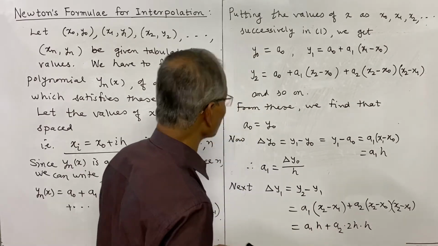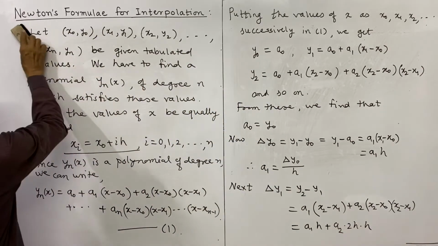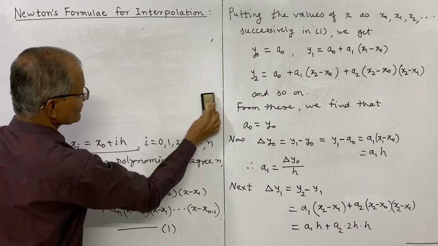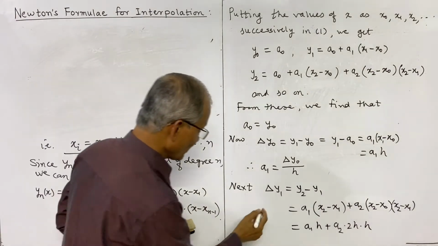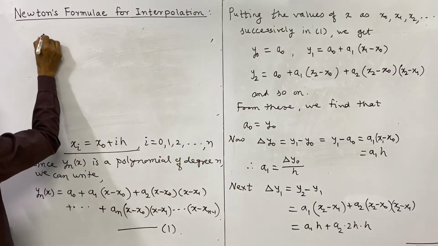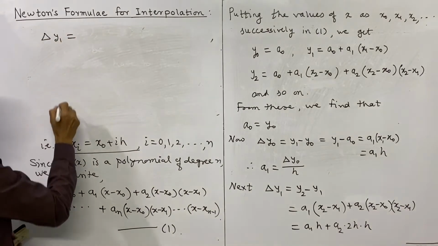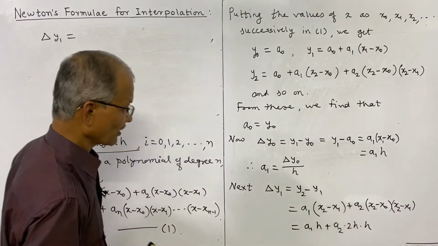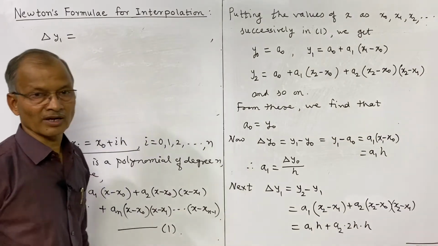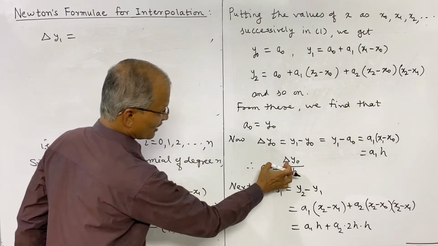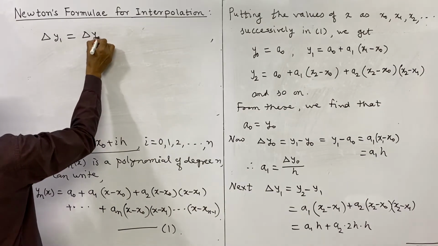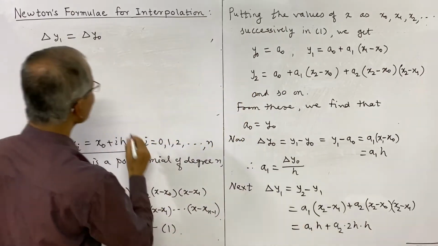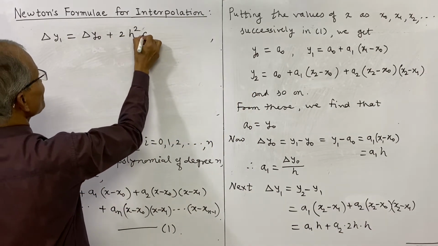So this can be transferred to the left side, and now I shall write here. See, delta of y1 is equal to a1h. Now you see, a1 into h is delta y0 from the earlier step. So we have to refer back, and a1h is delta y0, and this we will write as it is, plus 2h square into a2.